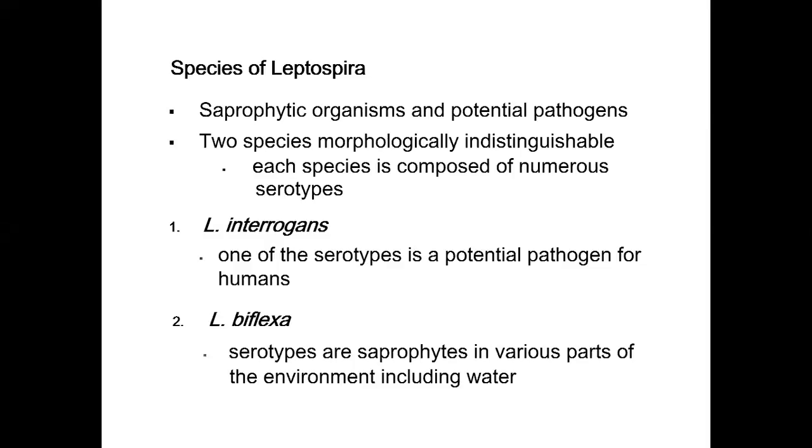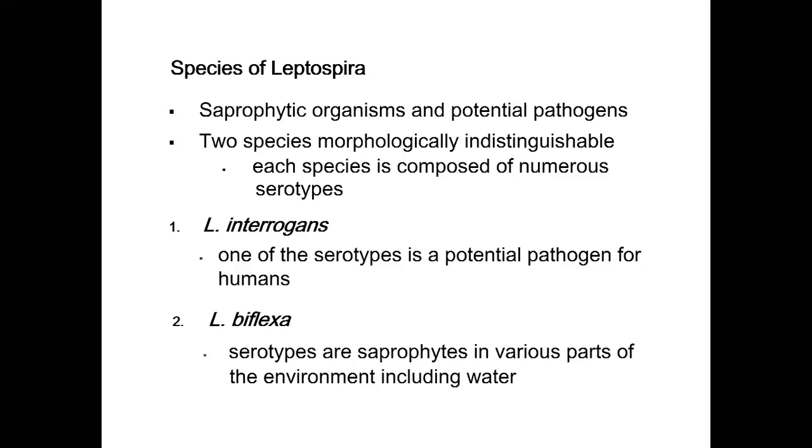One cannot distinguish each species from the other. And each species is separated again into serotypes. Many serotypes per species, and those serotypes have names. So you'll have a species name and a serotype name. But if we look at the two species, there are two.